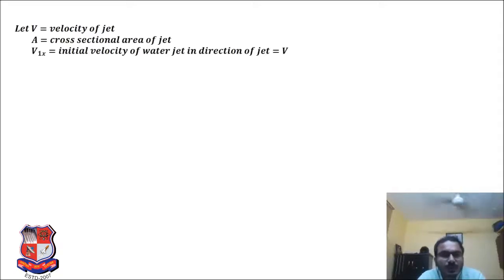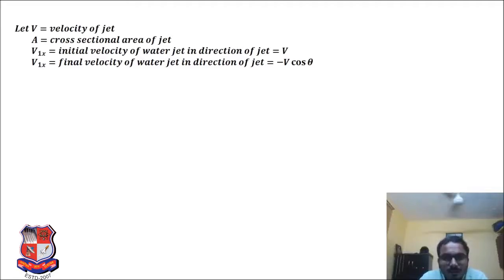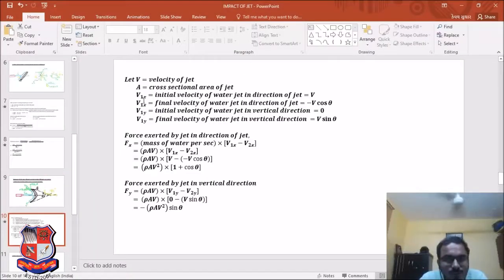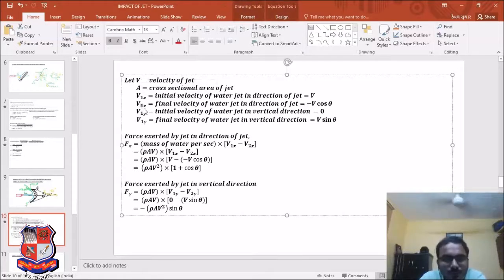Now v1x is the initial velocity of water in the direction of the jet, which is purely v, and for v2x here I need to make one change. This will be 2, this will also be 2.